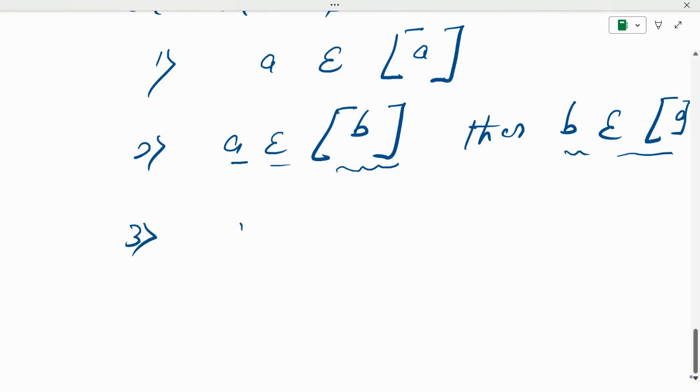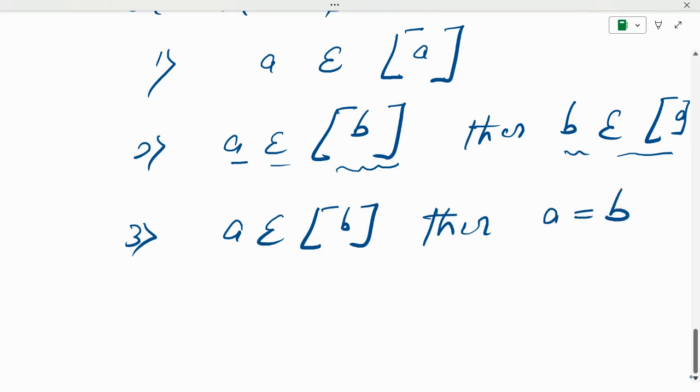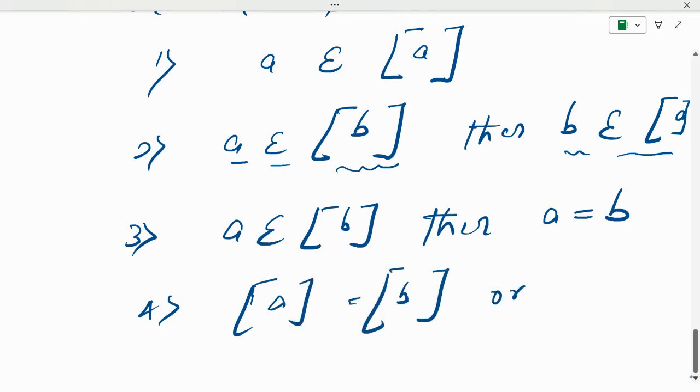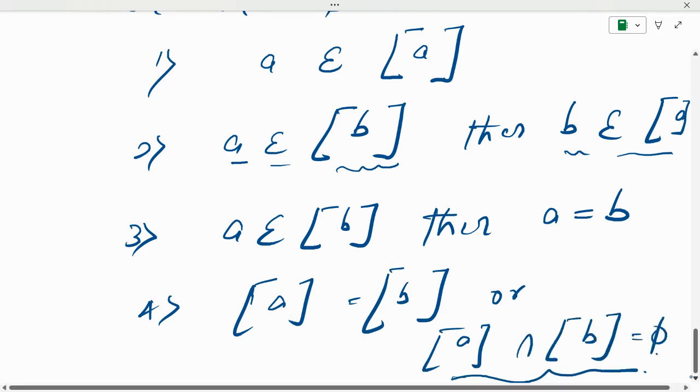Third, if a belongs to the equivalence class of b, then the classes are equal. And fourth, the equivalence classes of a and b are either equal or their intersection is phi, the empty set. So these are some of the results that we can obtain.